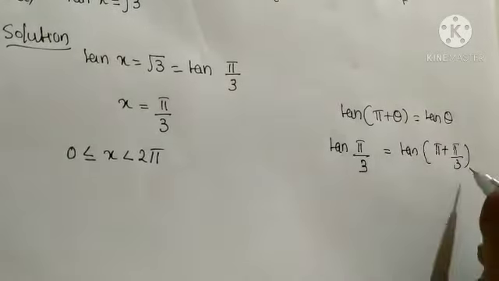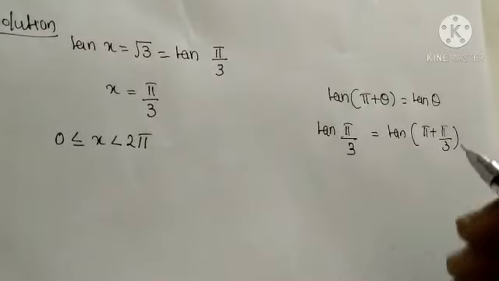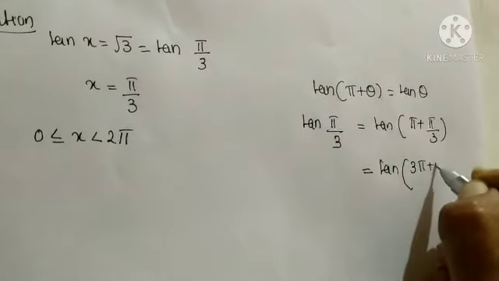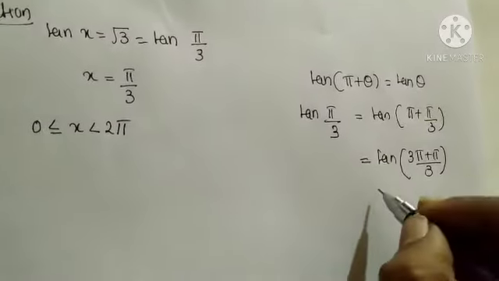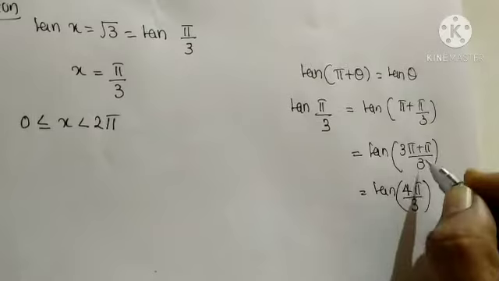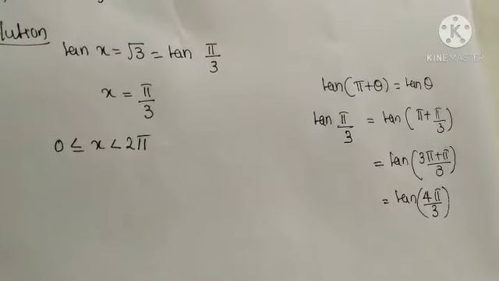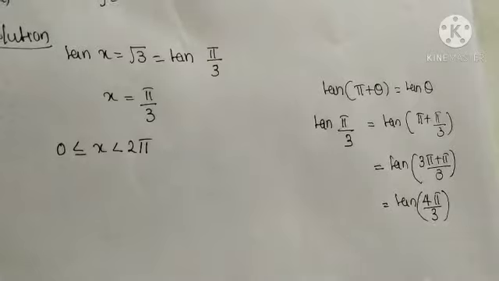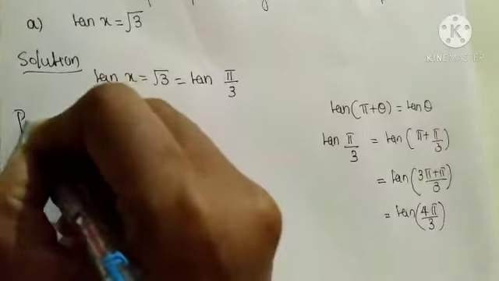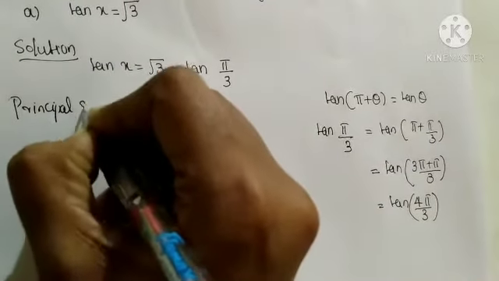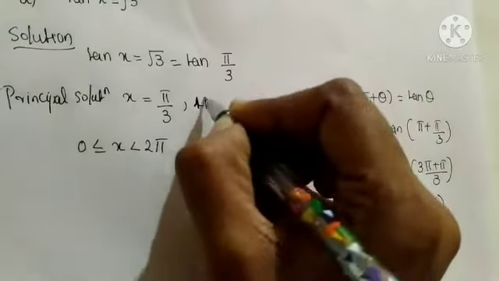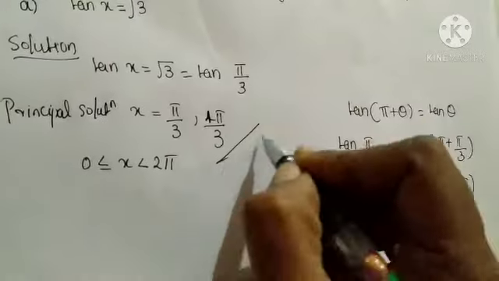Replacing this theta by pi by 3, so it will become tan 3 pi plus pi by 3. 3 pi plus pi become 4 pi, and also write this divided by 3. So 4 pi by 3 is less than 2 pi value. So we get the principal solution of tan x is pi by 3 and 4 pi by 3. Okay, I hope you understood.